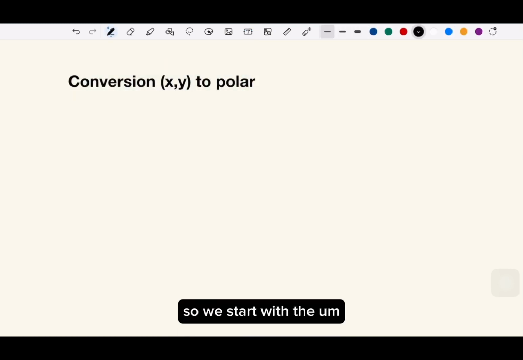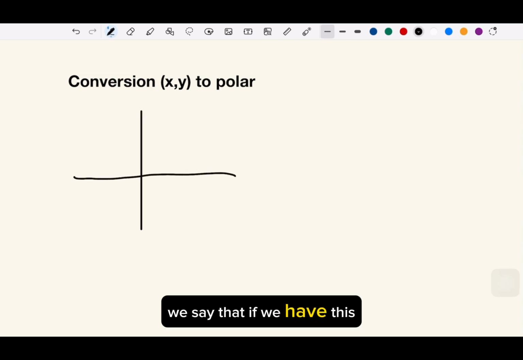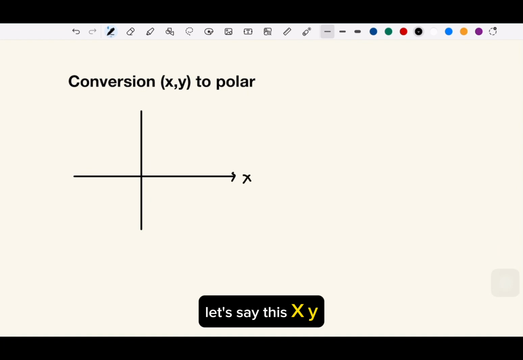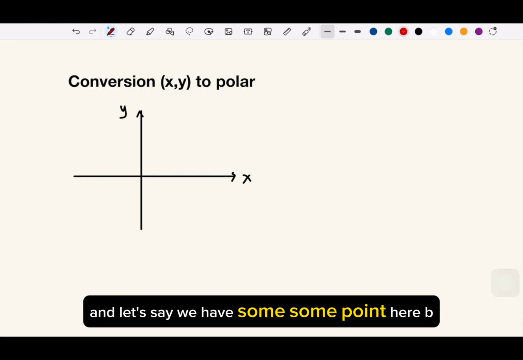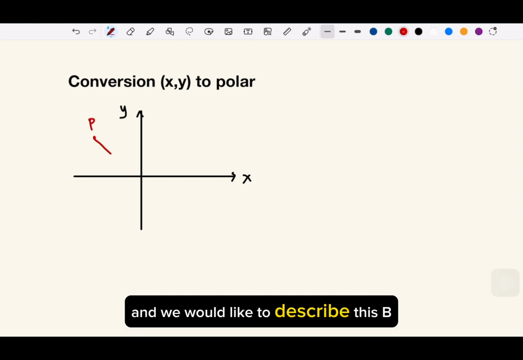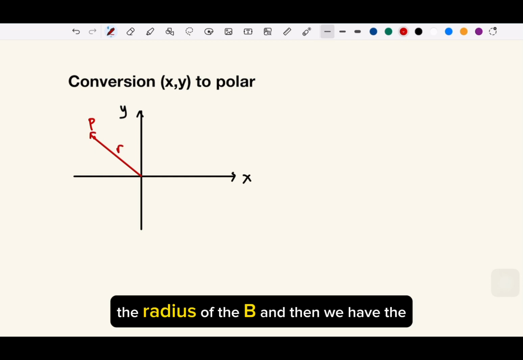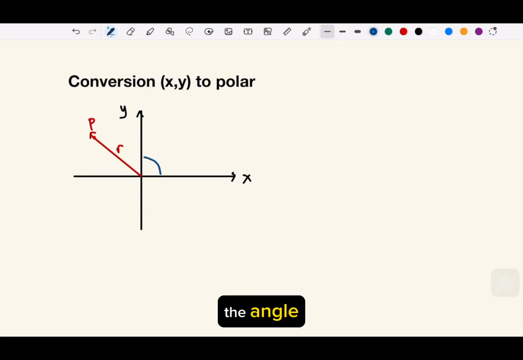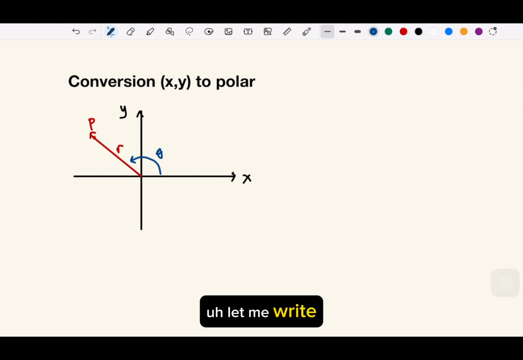So we say that if we have this, let's say this is x, y, and let's say we have some point here, P, and we would like to describe this P not in Cartesian but in the polar system. So we have r, the radius of P, and then we have the angle. As I said at the beginning, whenever we have... let me write.